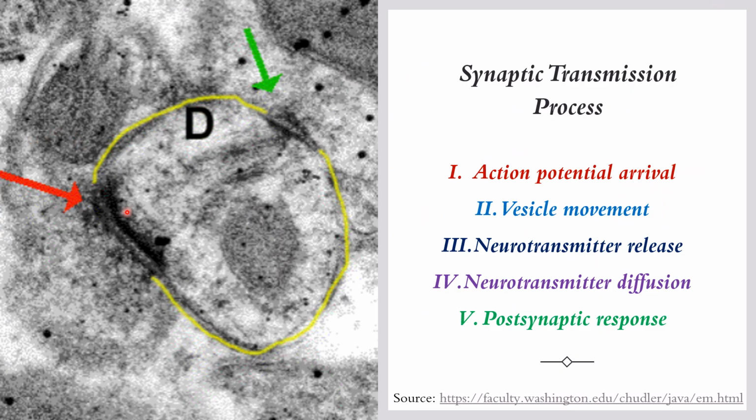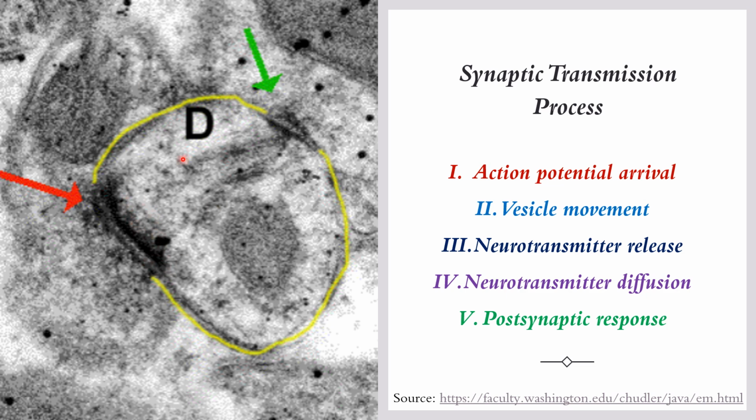So in the previous picture we had a representation of the synapse, a drawing of the synapse here, and I mentioned the source on my slide. There is an image of an actual synapse.